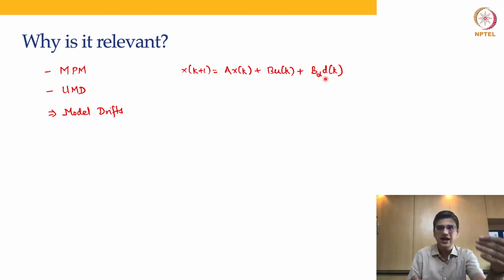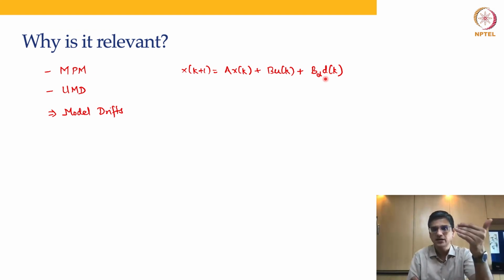That means the plant has values A_plant, B_plant and B_d_plant, whereas the model has the values A, B and B_d. This is something that you are going to do in week 11's assignment. The B_d part you have already done in the week 6 assignment as well. Okay, these are something that you need to be able to do.